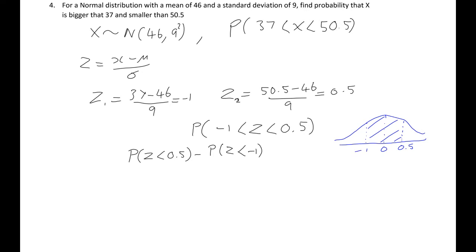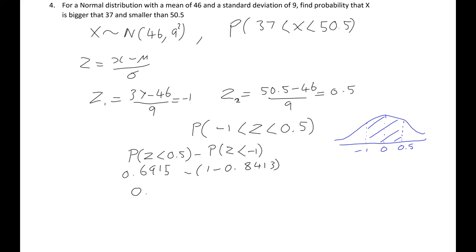So now we can look at this. This one, that's exactly normal. So all we have to do is find z equals 0.5 in the book, and we get that to be 0.6915 minus. Now this has one change. We have a negative, so we're going to have to do 1 minus the probability of z equals 1, which is 0.8413.